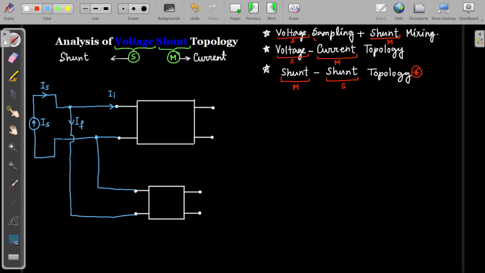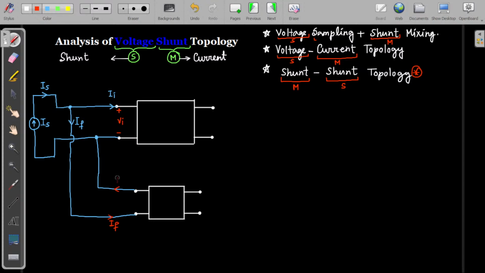So what will be the input voltage here? Let us say the input voltage here is VI. So this is the shunt mixing, you can see. This IF current comes here, and this is the IF current that is going back.